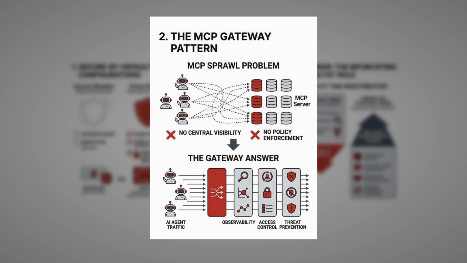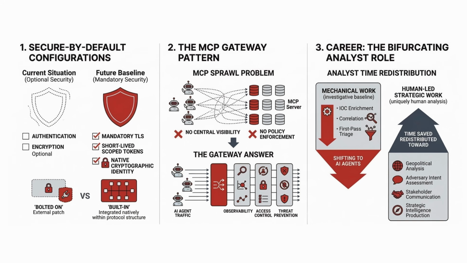As organizations deploy more MCP servers, the MCP sprawl problem becomes real. AI agents connecting to dozens of servers without central visibility or policy enforcement. The gateway is the answer. A centralized control point that sits in front of all your MCP connections, providing observability, access control, and threat prevention across your entire AI tooling estate.